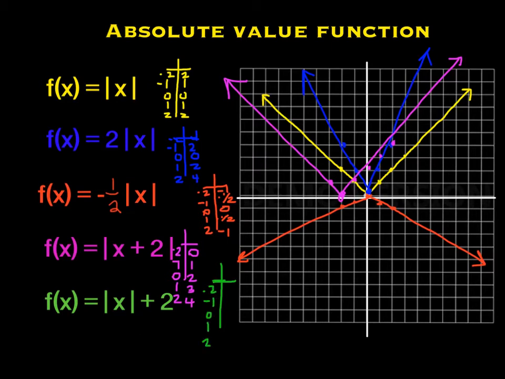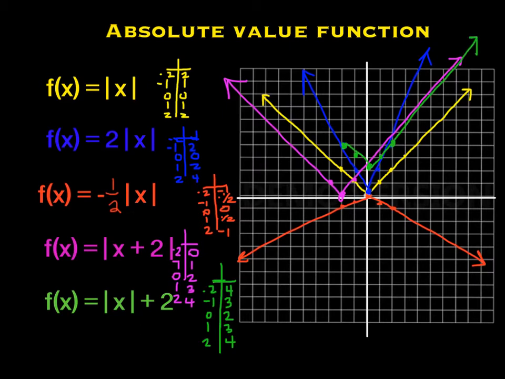Absolute value of negative 2 plus 2, absolute value of negative 1 plus 2, absolute value of 0 plus 2, absolute value of 1 plus 2, absolute value of 2 plus 2. So negative 2, 4, negative 1, 3, 0, 2, 1, 3, and 2, 4.